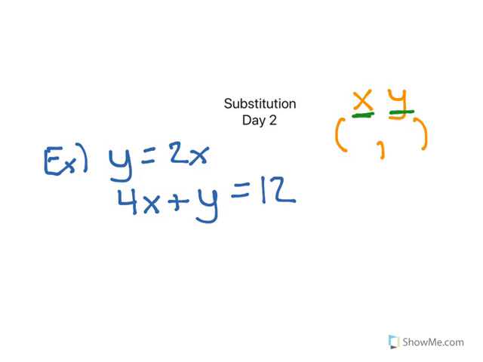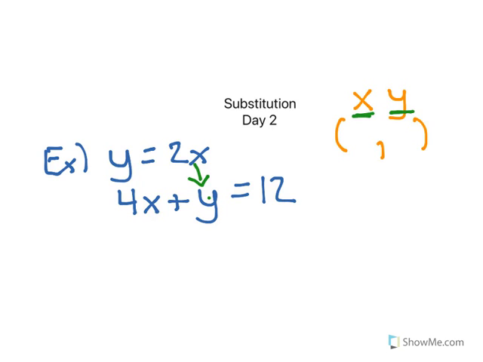So I look at my two equations, and yesterday was really a little bit more straightforward because we had stuff like y equals 2. And so we would just take our 2 and substitute it in for y here and then solve that equation. Today, although it looks a little bit more difficult because I don't have just y equals 2, I have y equals 2x, it is going to be the same exact process.